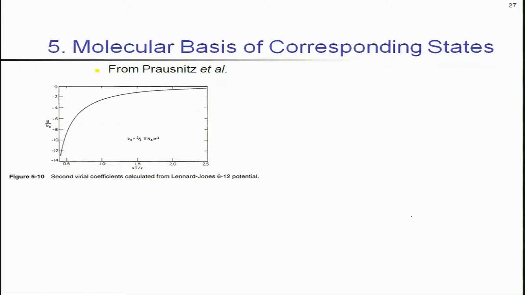Here the second virial coefficient is plotted, divided by B0, which is the virial coefficient of hard sphere. That is why it is non-dimensionalized. It tells you that at a lower interaction it is more negative, and at high interaction it approaches 1.